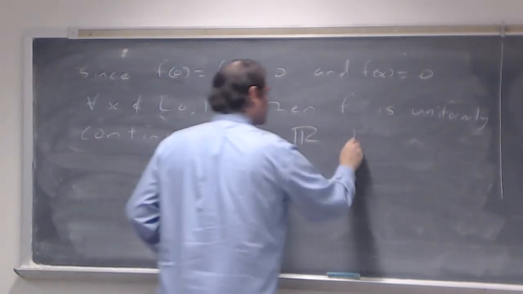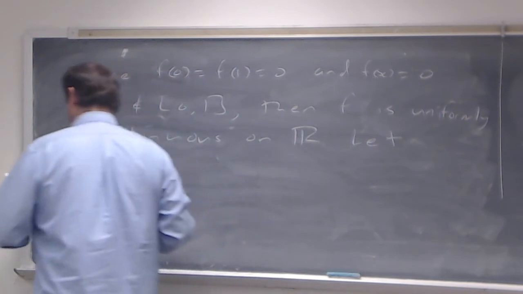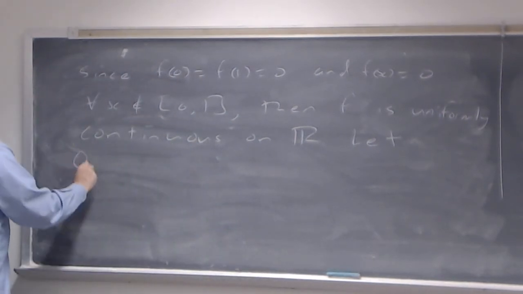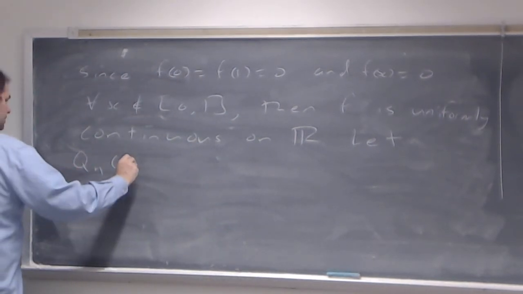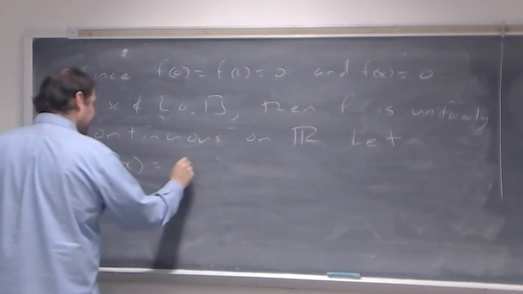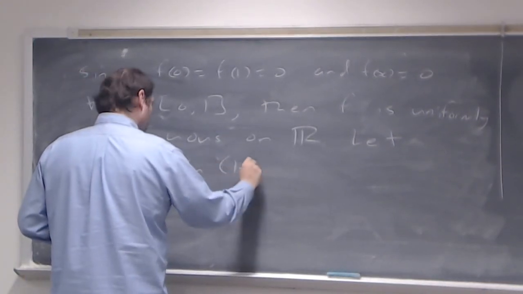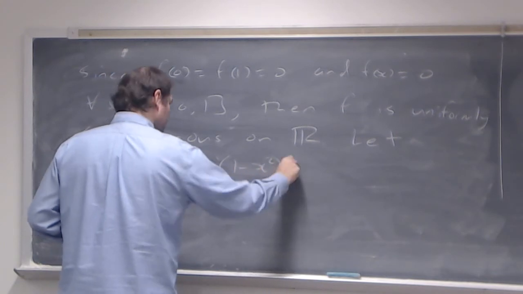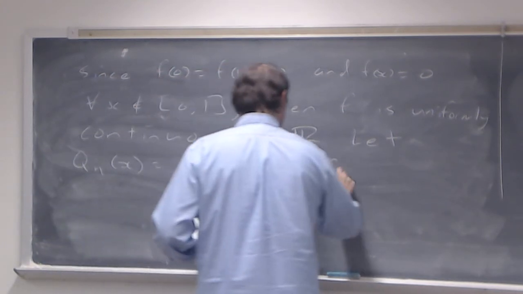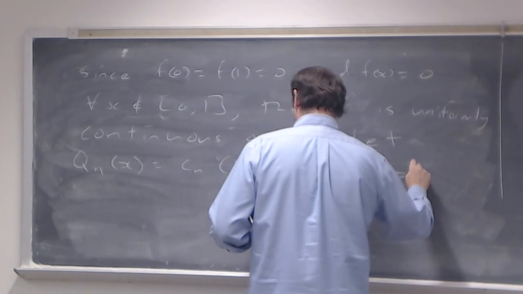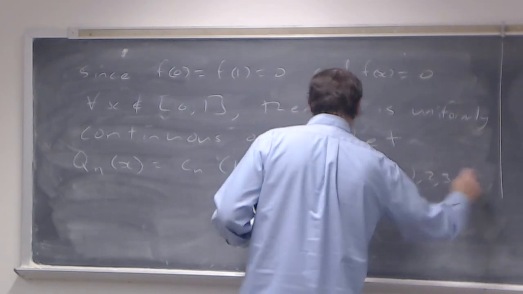So what we're going to do is find something q sub n of x. We'll find it to be c sub n, some number, times 1 minus x squared raised to n, and that's true for n equal to 1, 2, 3, forever.